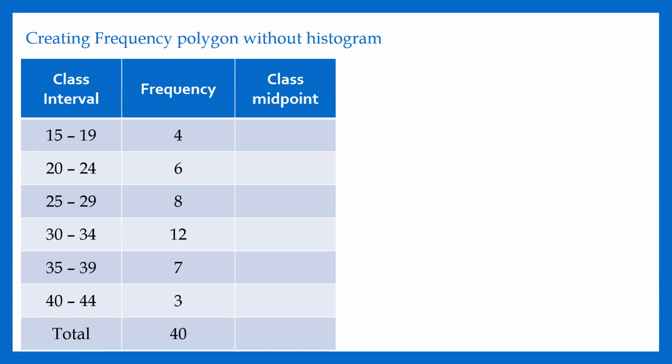Firstly, we should calculate the class midpoint of each class. The class midpoint can be obtained by using this equation: the sum of the lower class limit and the upper class limit, divided by 2.